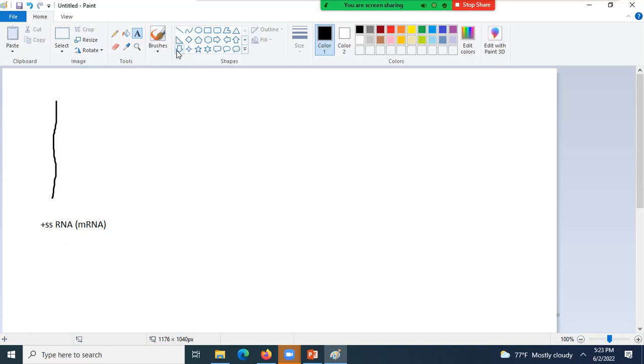Let me get an arrow here. Well, I don't see the arrow. Why is that? It should be showing. I'll try it again. Well, that doesn't look like an arrow to me.